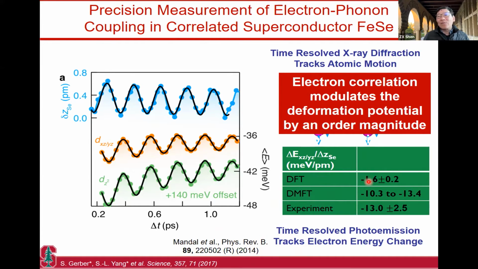The implication, of course, is that in this context you have to take the correlation effects into account to get to the experimental result. Also, it says that the strong Coulomb interaction significantly enhances the deformation potential, and therefore also the electron-phonon coupling. So it's to say that in those coupled systems, they have a lot of ways to influence each other, and that probably is really the underlying reason for the richness of physics in this system.